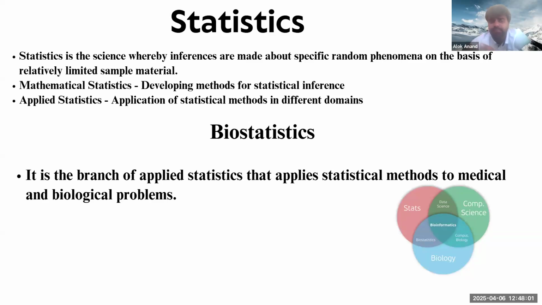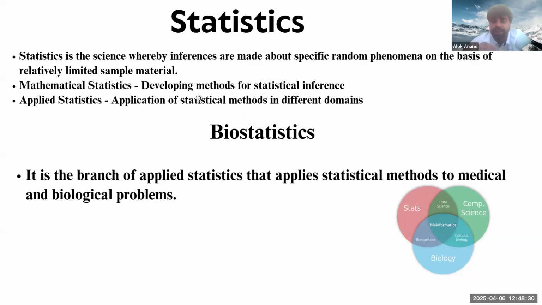Okay. And in that process, we really need to understand one phenomenon, not two, because the second is the statistical inference itself. That is descriptive statistics. Okay. And when we talk about statistics, there are two different kinds, guys. One is mathematical and the other is applied, right? In mathematical statistics, we try to develop the methods for statistical inference and other analysis.